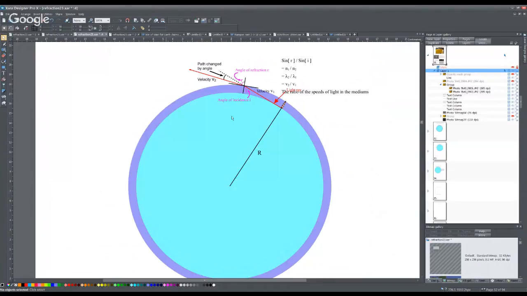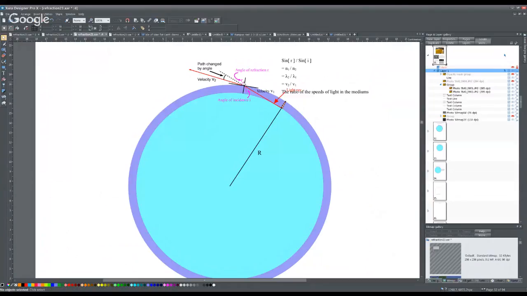here, which is the refraction in the atmosphere. If you consider an object here emitting light, and this is a model of a sphere with a glass layer around it, and this has a refractive index, and the air surrounding this glass has another, lower refractive index.